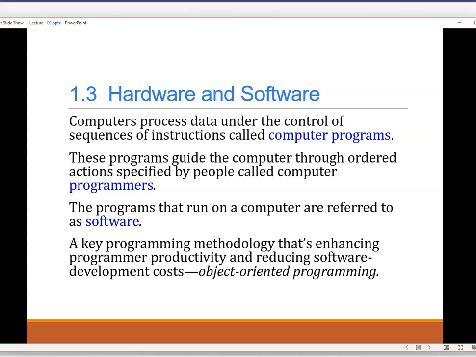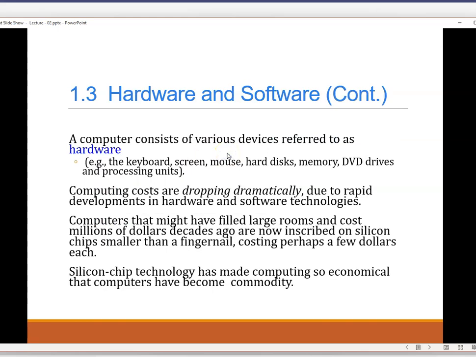These programs guide the computer through ordered logical actions, and those of us who write those actions are called programmers. Programs running on a computer are referred to as software. A methodology for developing programs and increasing productivity is called object-oriented programming, and although it's debatable as to whether it's the best, it is currently the prevalent approach to software development.